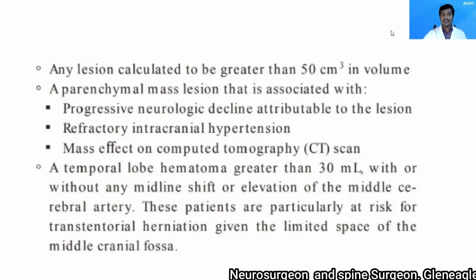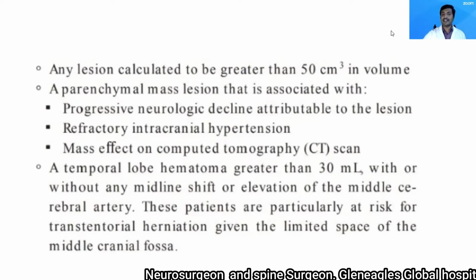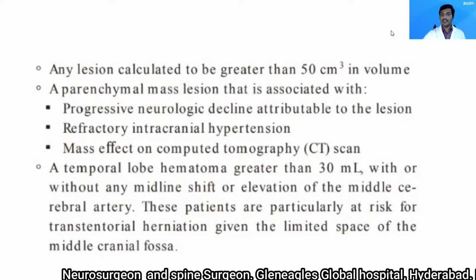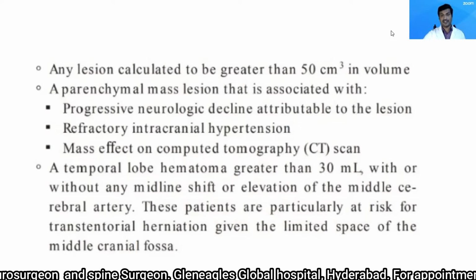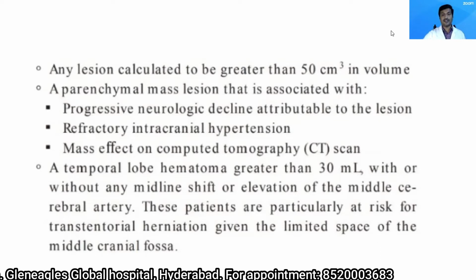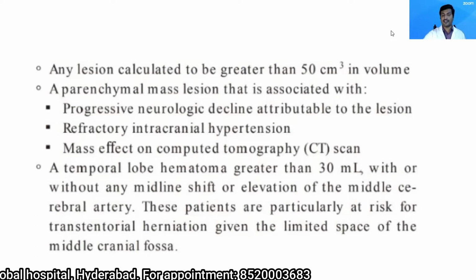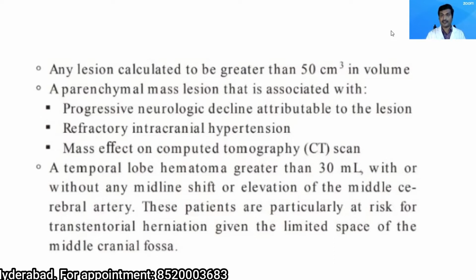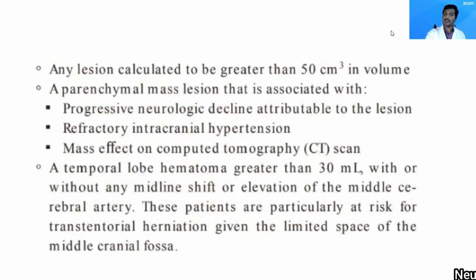Also a temporal lobe hematoma greater than 30 cc in volume, with or without midline shift or elevation of the middle cerebral artery. These patients are particularly prone to transtentorial herniation because the space of the middle cranial fossa is very limited. So these are all the classical indications for a patient with frontal or temporal contusion who requires surgery.